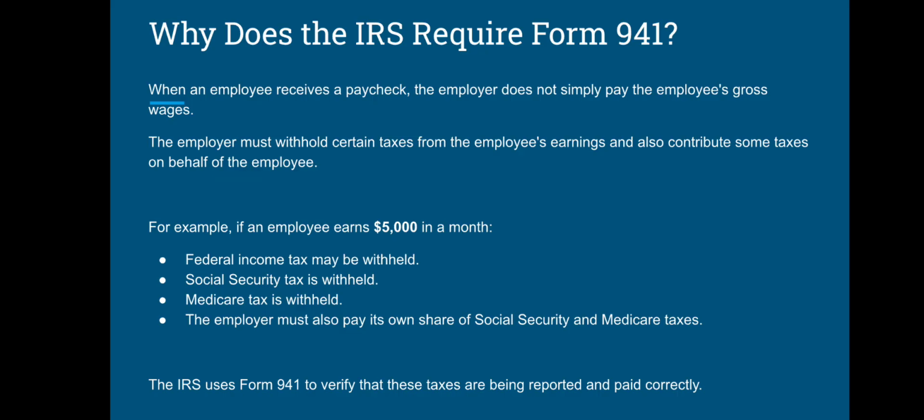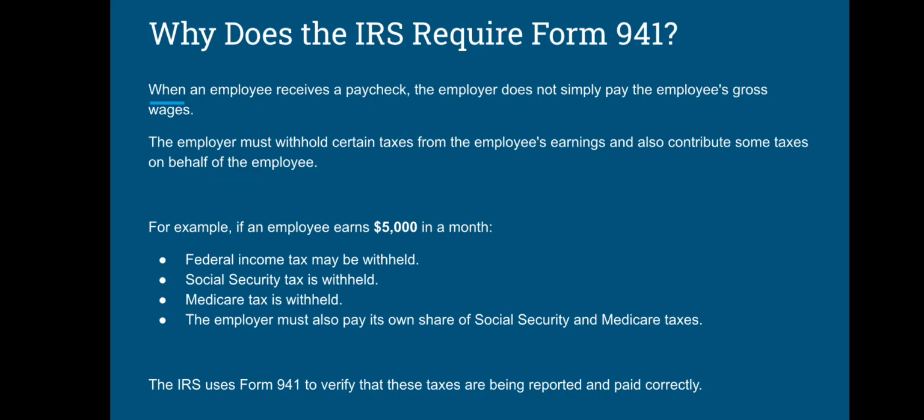And the employer must also pay its own share of social security and Medicare. Previously, we have discussed in the videos that social security is charged at 6.2% up to a certain limit, and Medicare is also charged up to a certain limit, after which only the employee has to pay 0.9% on the gross salary.